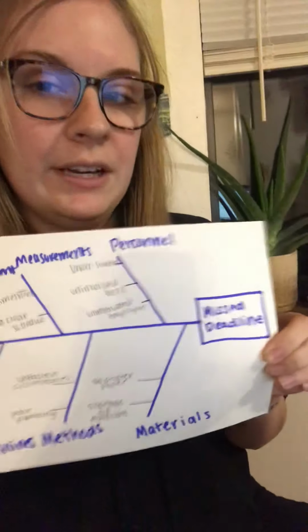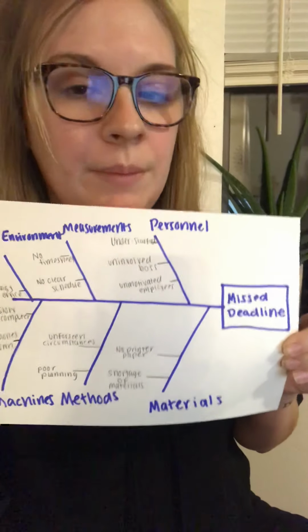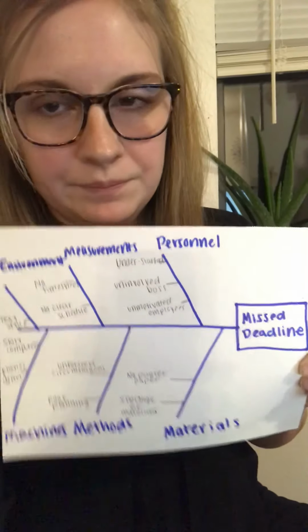Now that I have showed you how to use a diagram, I will now show you an example of the diagram. A Fishbone diagram, as I said, is very simple to use, so here I have written out an example. This example shows the main problem being a missed deadline.